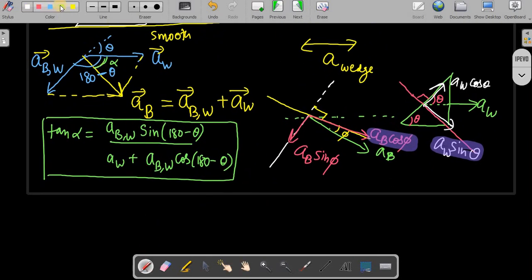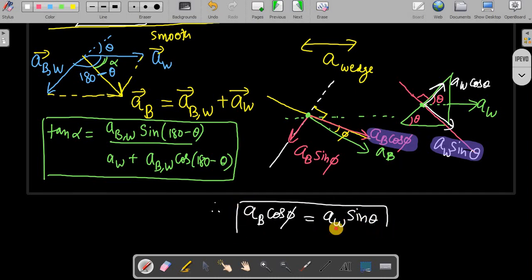That is what is constant, because the wedge and block are in contact at the point of contact, so in that perpendicular direction they cannot have relative acceleration or relative motion. That is why this acceleration of b cos phi must be the same as acceleration of wedge sin theta. This is what we should know.